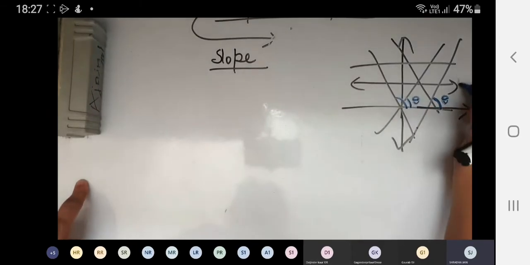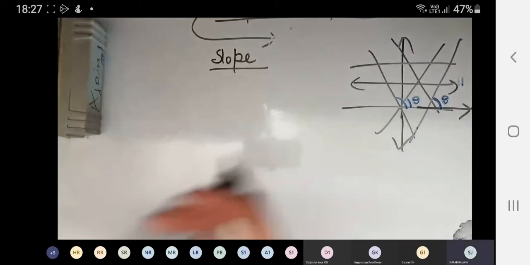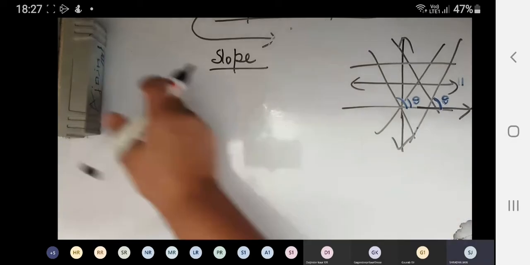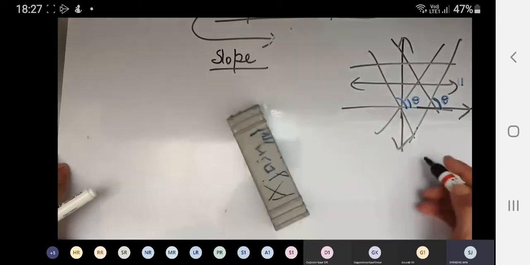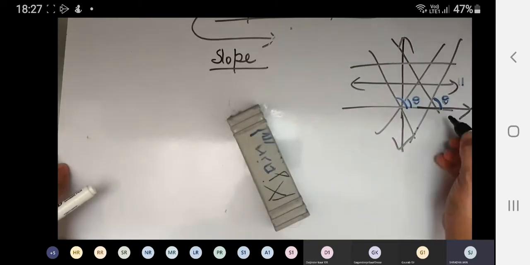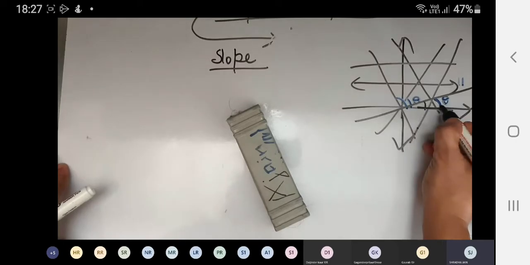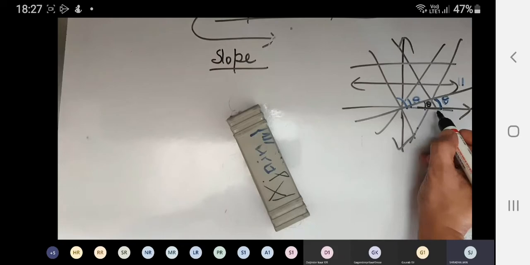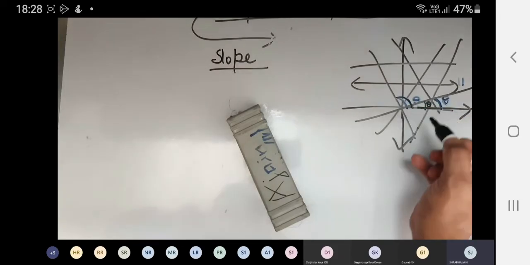So these are parallel lines. So every line, and from that, what is the slope? Slope is actually how inclined the line is. The line with a smaller angle, which is inclined at the lower angle, has the lesser slope, and the one with the greater angle of inclination has the greater slope.